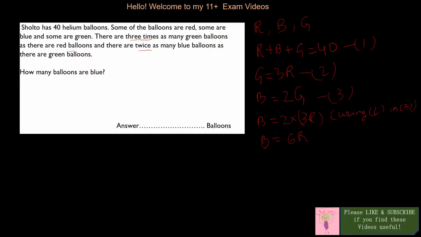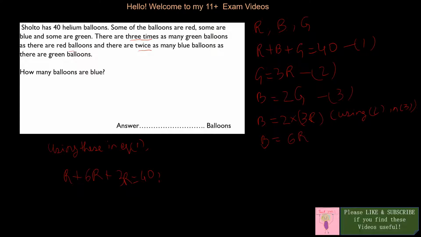So we will put this all in equation 1. Red remains as it is, then blue we have 6R, plus green is 3R, equals 40.